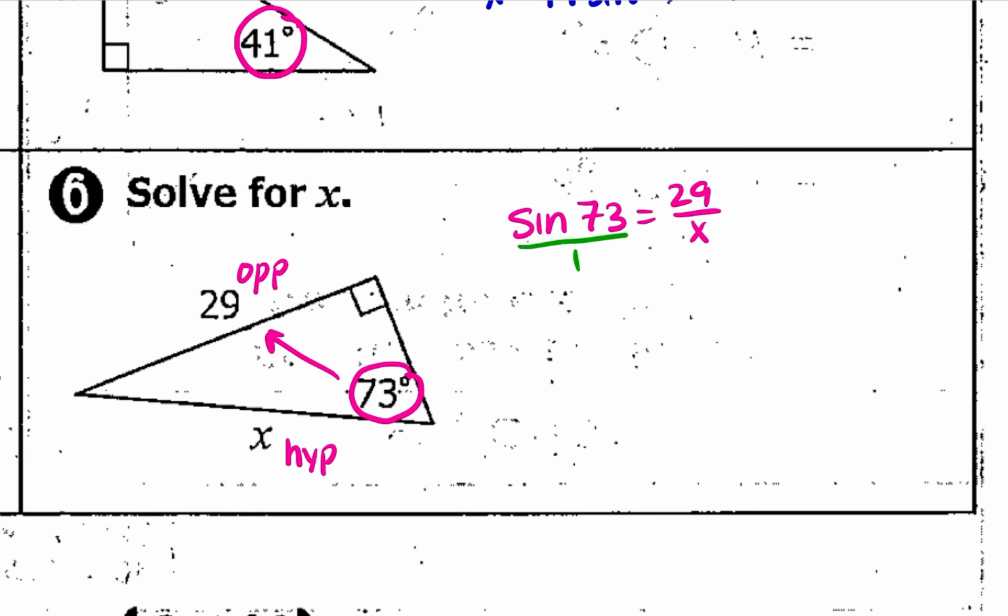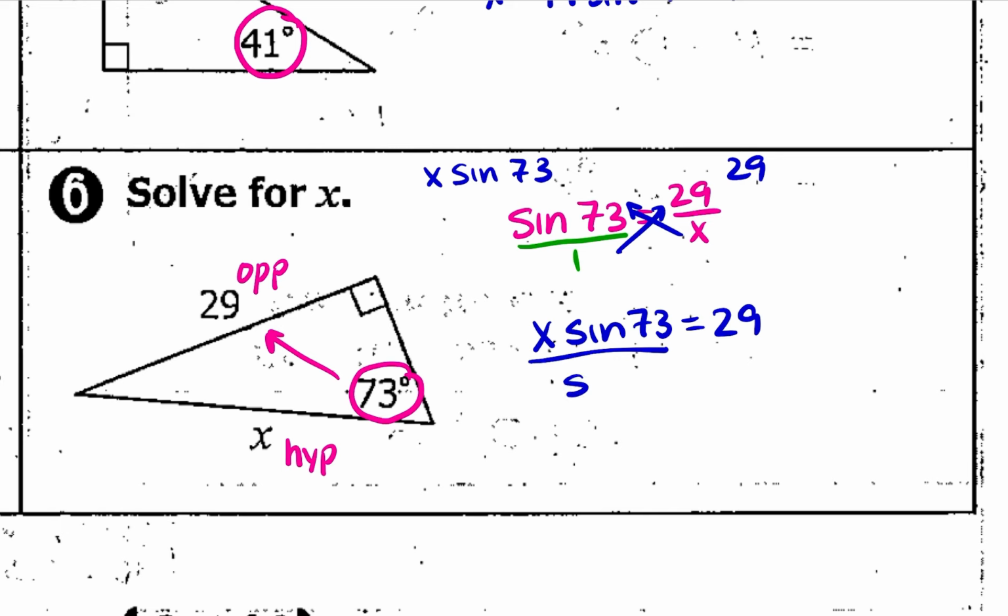When I cross multiply, I get 29, and I get X times the sine of 73. So I write that down as X times the sine of 73 equals 29. Divide both sides by the sine of 73.